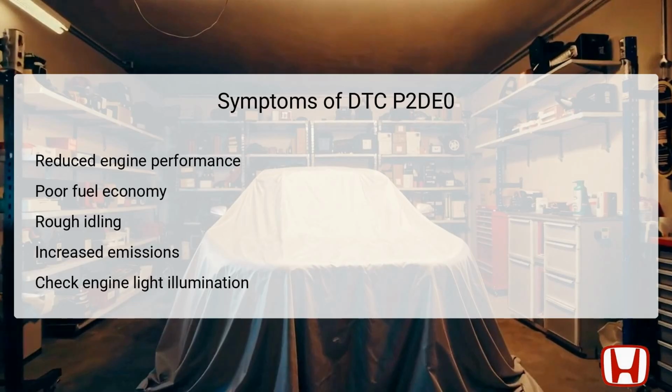Additionally, rough idling can occur, characterized by fluctuating engine speeds while at a stop. Increased emissions may be evident due to incomplete combustion, which compromises environmental standards. Most notably, the check engine light will illuminate, alerting the driver to an issue that requires immediate attention. Recognizing these symptoms can guide diagnostics and repairs effectively.